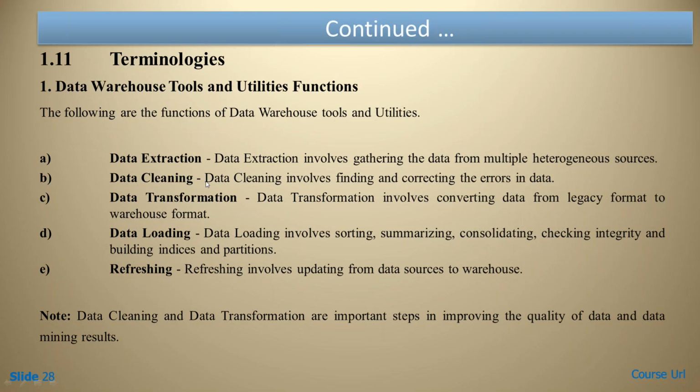Next is data cleaning, which we already covered. Whenever data cleaning happens, first the raw data from various sources comes to the landing area. From landing to staging, unwanted data will be ignored. That is called data cleaning or cleansing. Unwanted data means, suppose 200 columns are there but our requirement needs only 5 columns.